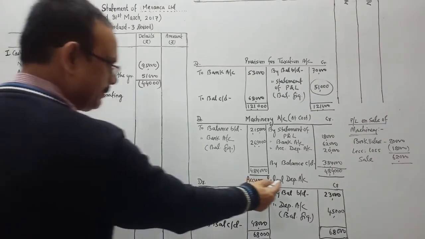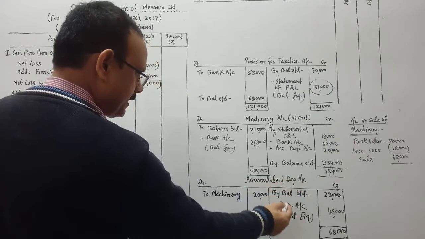You see the ledger of accumulated depreciation.